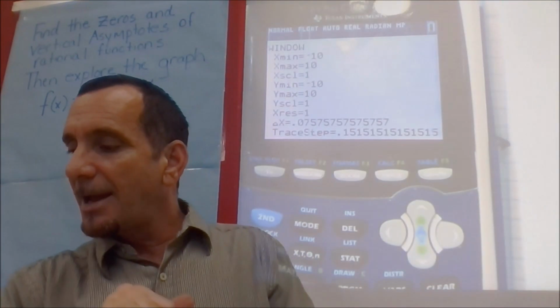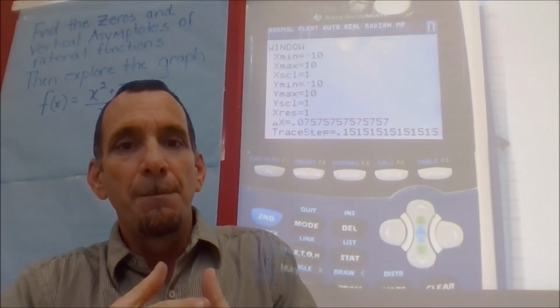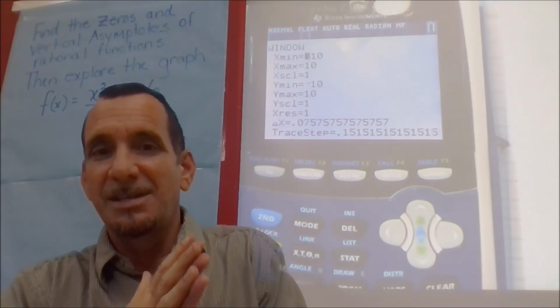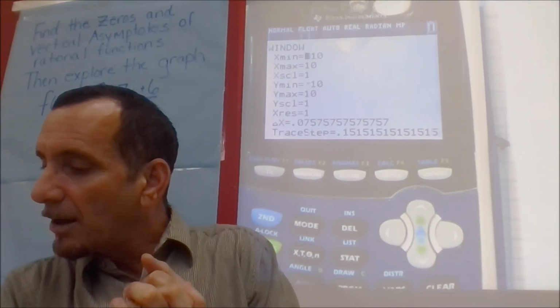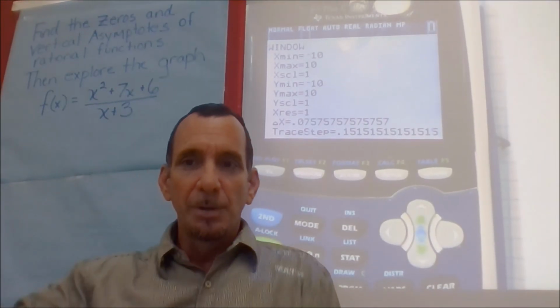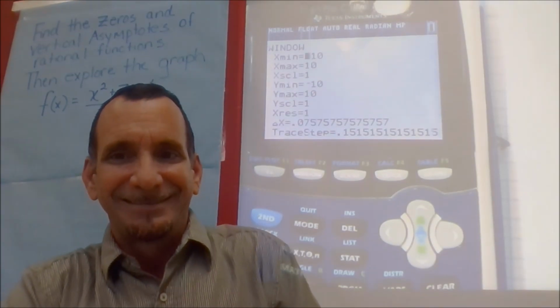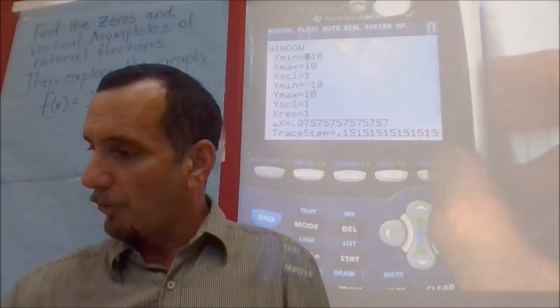And at the same time, my minimum y value is -10, my maximum y value is 10, and my y scale is 1. So it's always good to set up your window. And when you're doing a simple rational function, this is a great place to start. So let's look. We're going to graph.